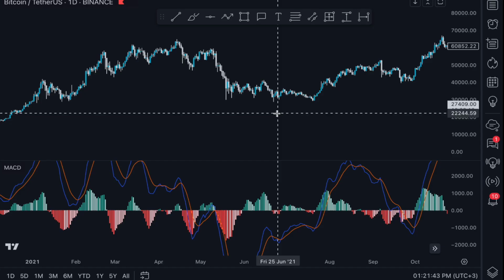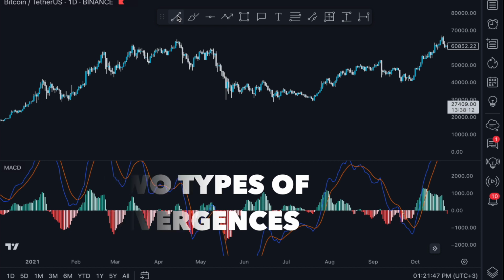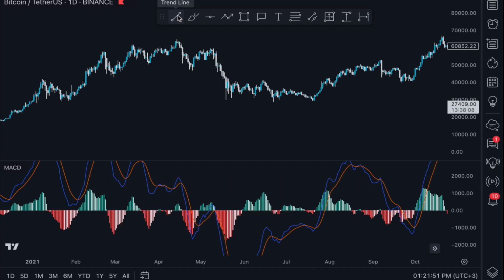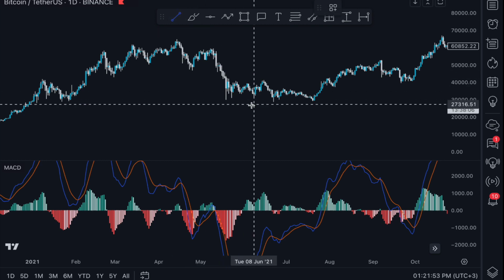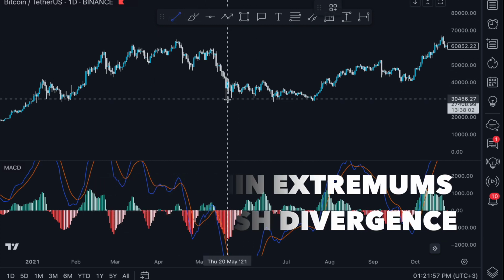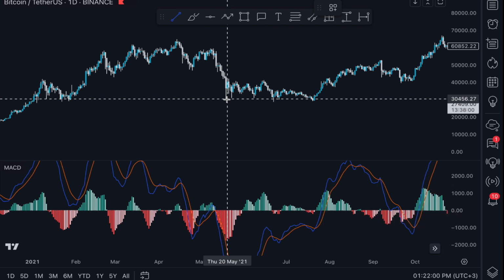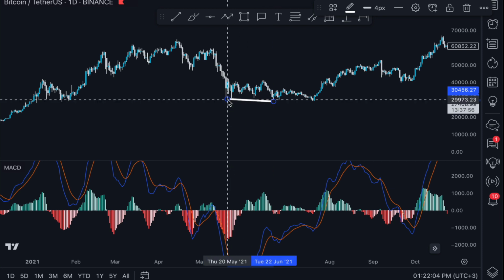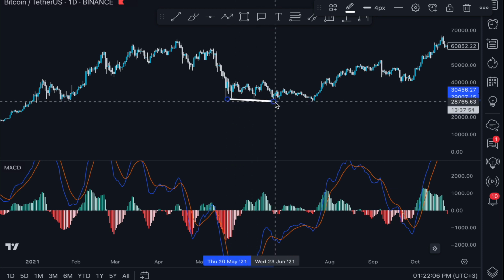When we are talking about divergence, it is important to remember that there are two types of divergence: bearish and bullish. When we are talking about bullish divergence, you need to look at the minimums on the price and the minimums on the indicator. So, for example, in June 2021, we had lower price minimums.